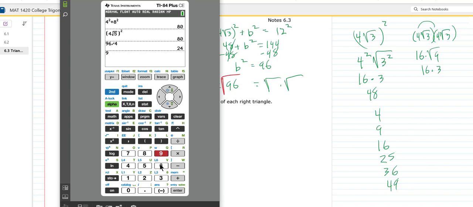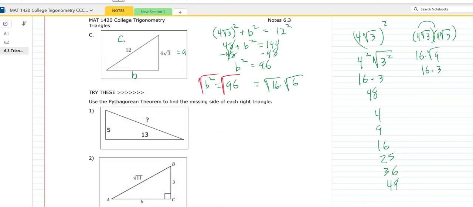So if you go back to 96 and divide it by 16, then you get 6. So what we can do is break this up into 16 times 6. You can do it in 1 or 2 steps. So this is going to give an answer of b equals 4 times the square root of 6.